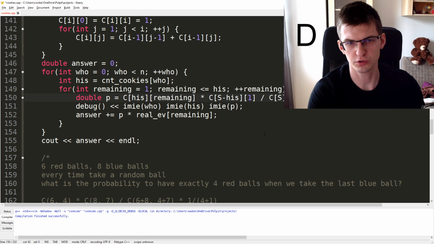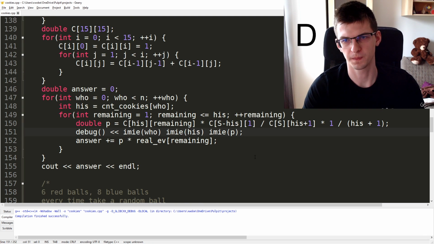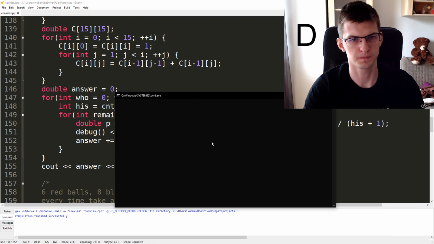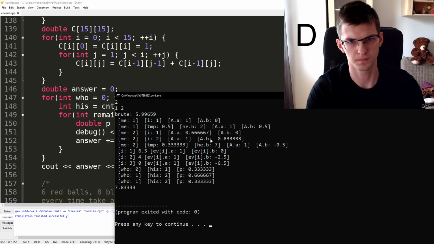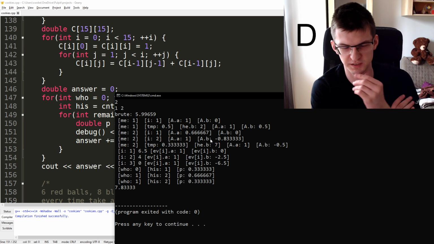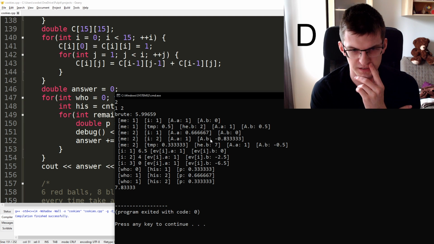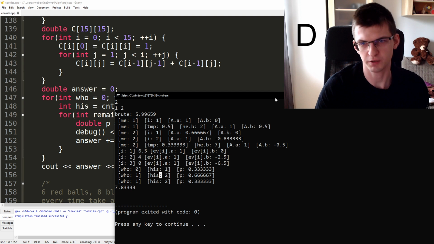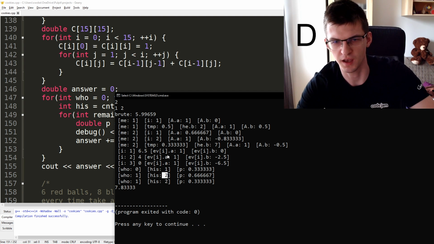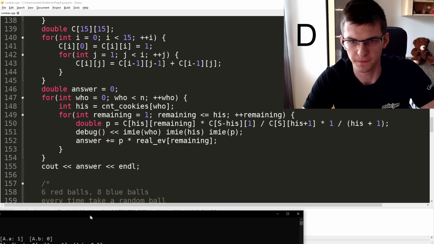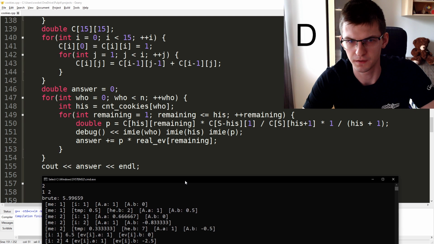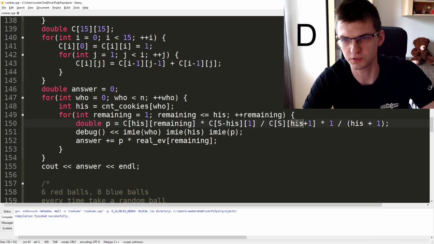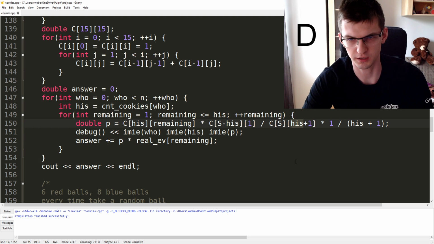Among S, we choose his plus 1. That was supposed to be slightly smaller than 6. Okay, who is 1? I wanted to print remaining, not his. And also this should be remaining.